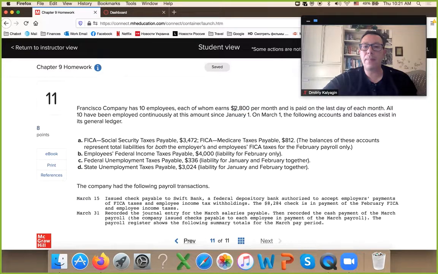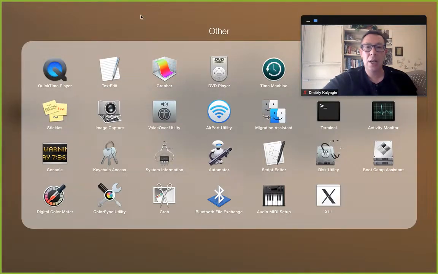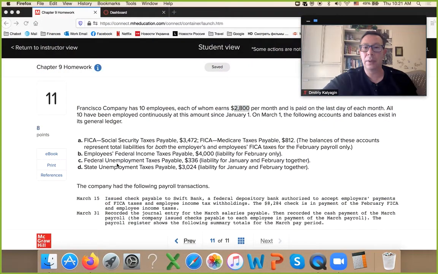Right now they're being paid $2,800. But if you take 5,600 and you look at 7,000, that gives you $1,400. So only $1,400 is going to be taxable, right?